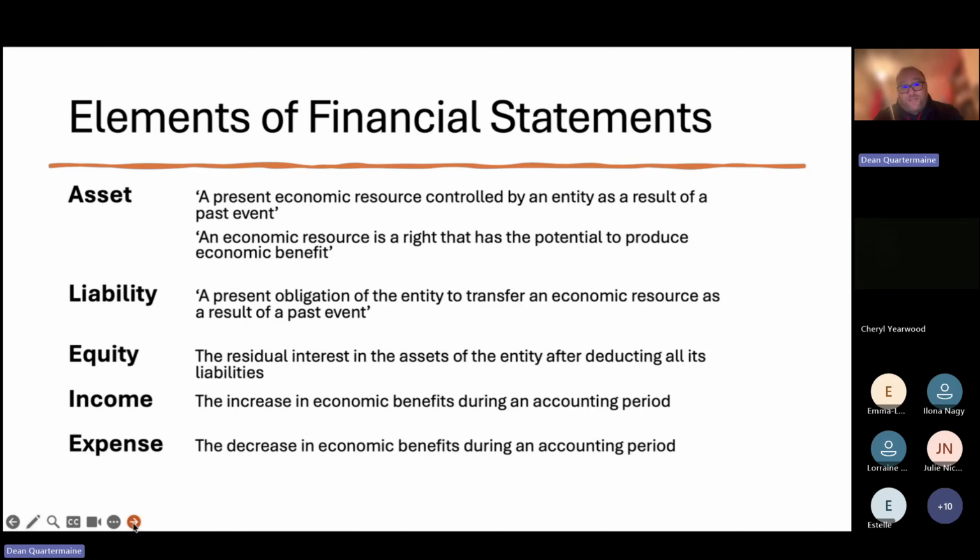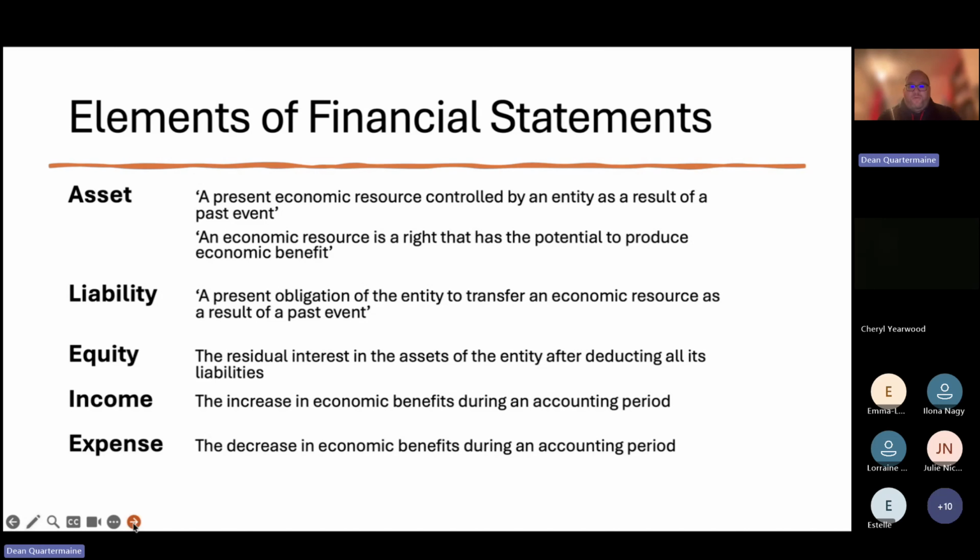Yeah, so an asset, the textbook definition from IFRS of an asset, is a present economic resource controlled by an entity as a result of a past event. So if we break that down a little bit, a present economic resource. So as it says underneath, an economic resource is a right that has the potential to produce economic benefit.